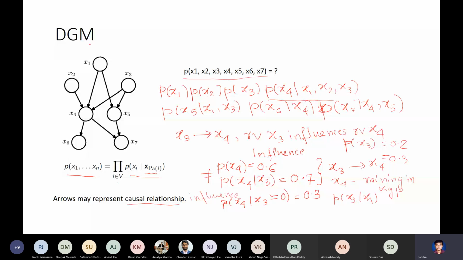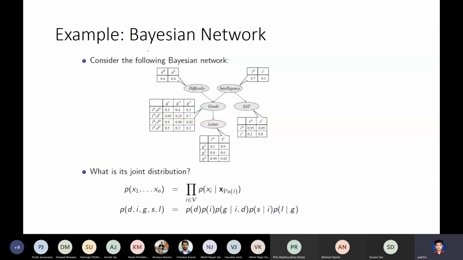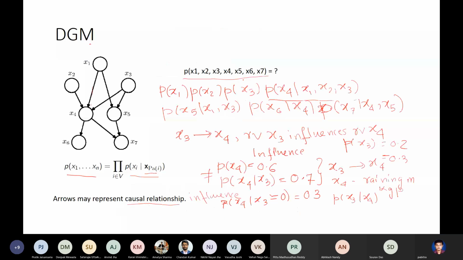So there is a flow of influence. There are long-range influences too.